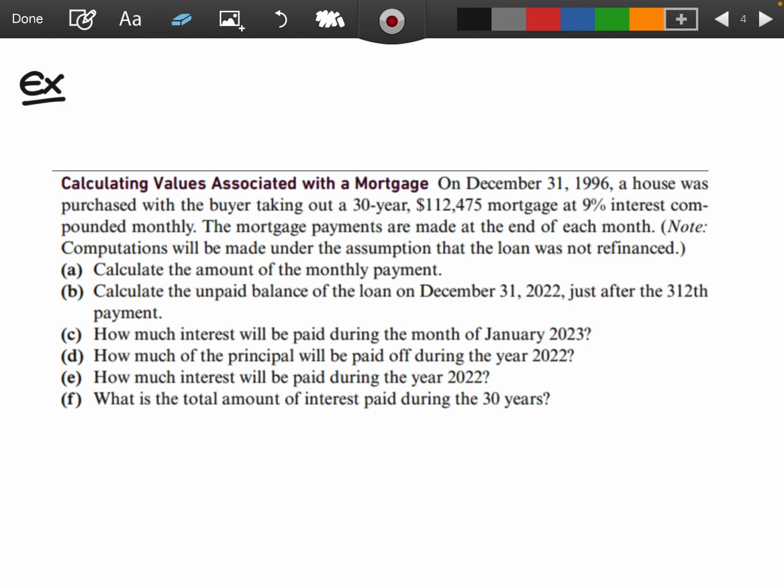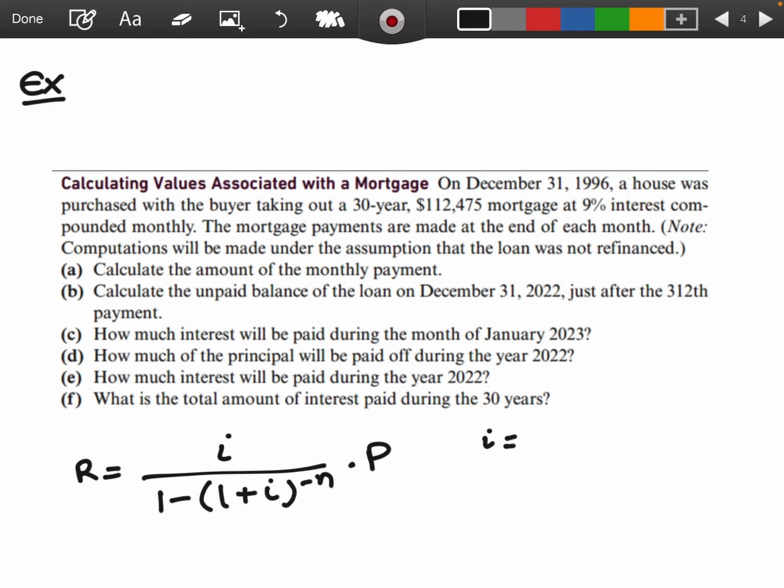Okay. Again, we're looking at a payment amount. If we look at our formulas, we look at the formula for R for a decreasing annuity, which told us that R is equal to i over 1 minus 1 plus i to the negative n, multiplied by P. Okay, so we need to know what i, n and P are. i is the interest rate per period.